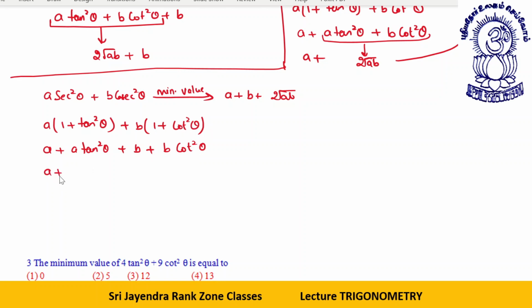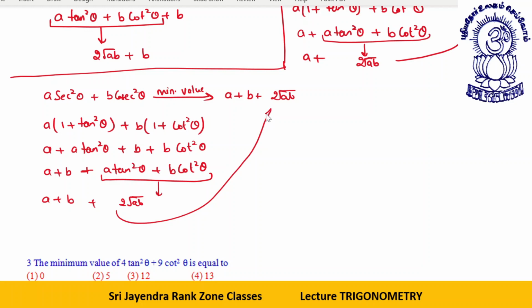This becomes a plus b plus a tan square theta plus b cot square theta. This is a plus b, and for this particular expression, the minimum value is 2 under root ab. So this is the minimum value. Got it? A plus b plus 2 under the root ab.